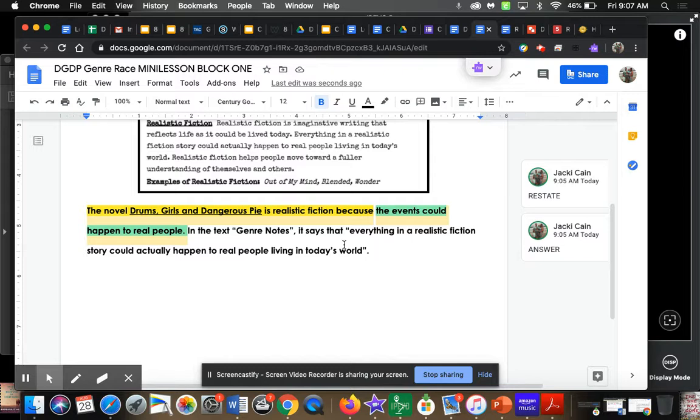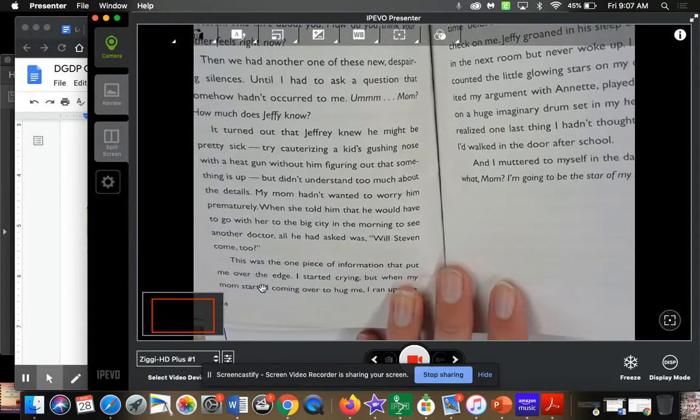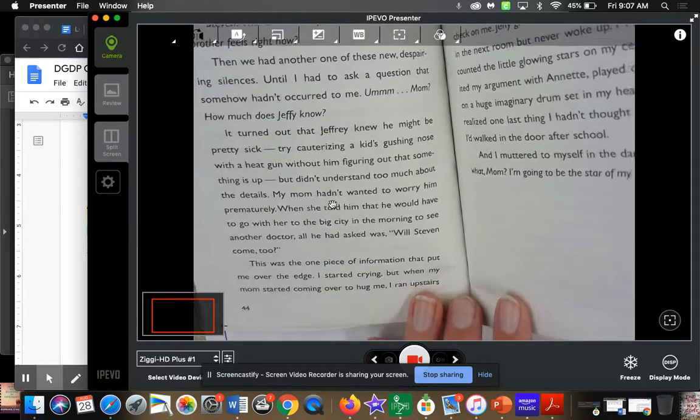So we're going to find a piece, maybe even from the chapter that we did. Here's what we read today, page 44. It turned out Jeffrey knew he might be sick.